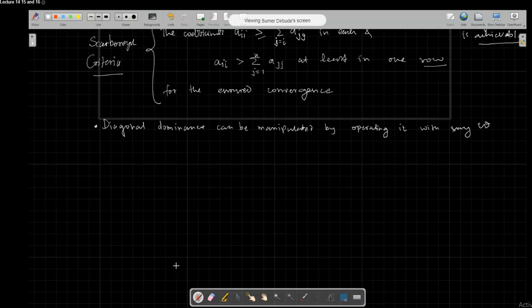And that leads us to the method called relaxation method, which is called successive relaxation. We'll be saying successive relaxation.